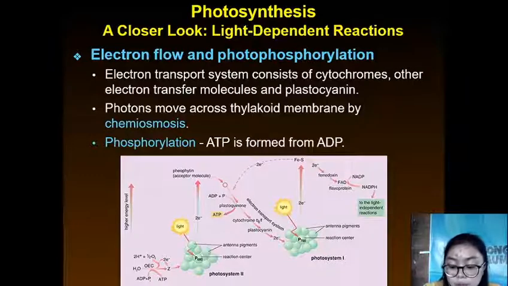The ions flow through ATP synthase from the thylakoid space into the stroma. In phosphorylation, ATP, adenosine triphosphate, is formed from adenosine diphosphate.